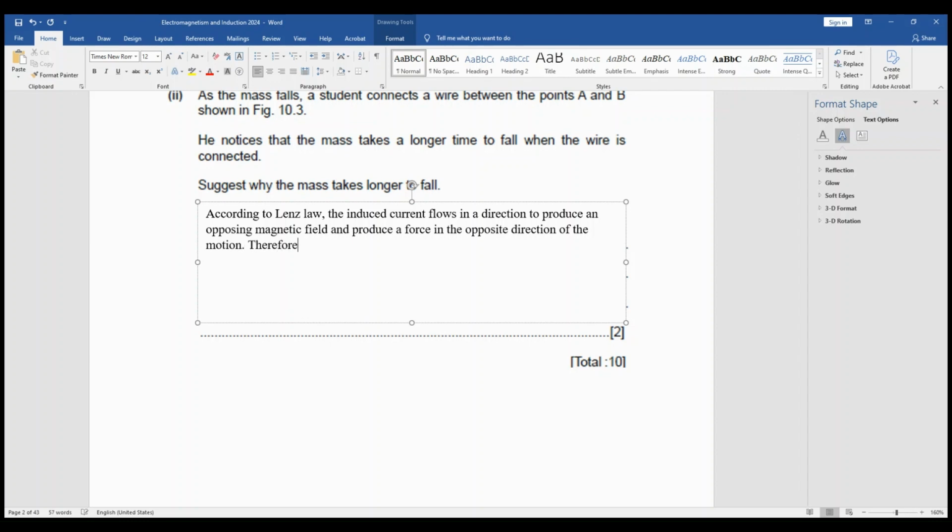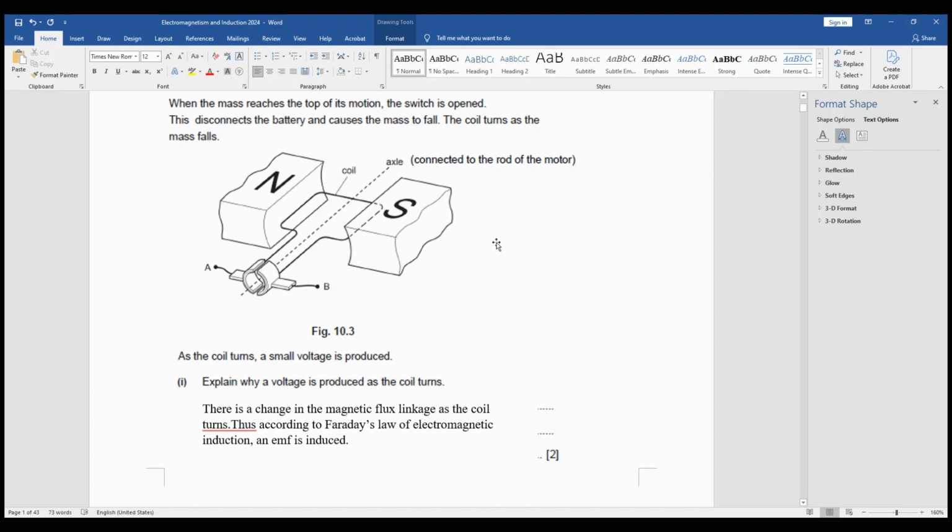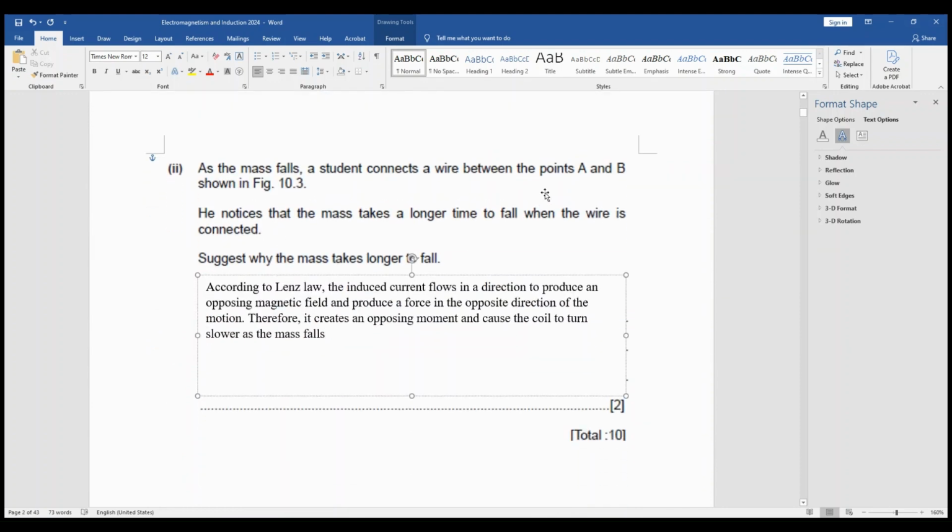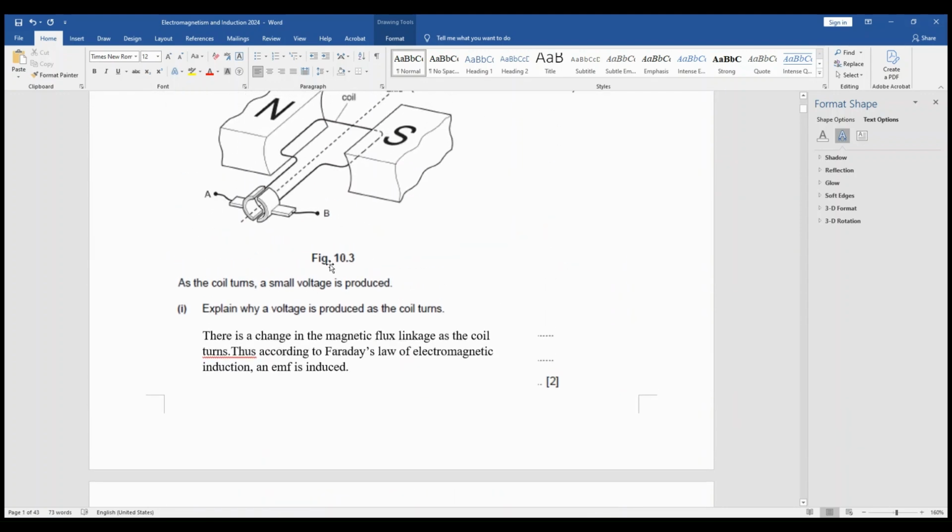Therefore it creates an opposing moment and causes the coil to turn slower as the mass falls. Okay, so you're connecting a wire like that.